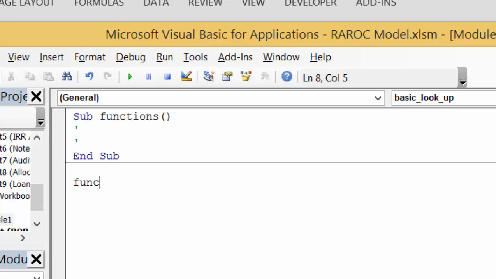So let's make a function and call it the PD. Now I'm afraid to call it PD because we just named that range. So probability default. Okay, and we have an end function. And we start by reading in, what did I say we want to really read in first?